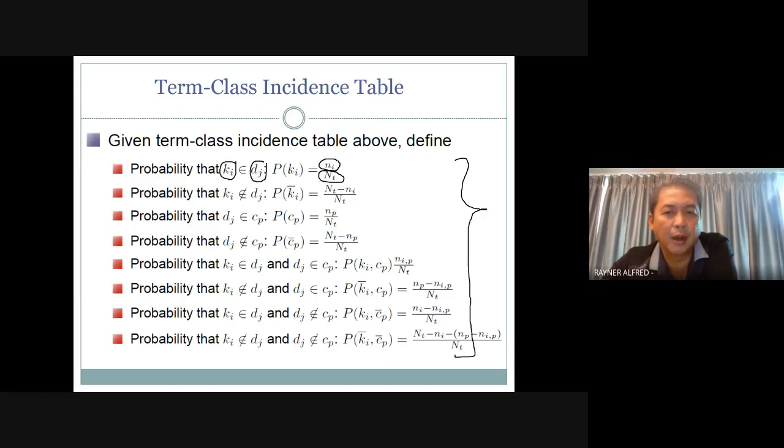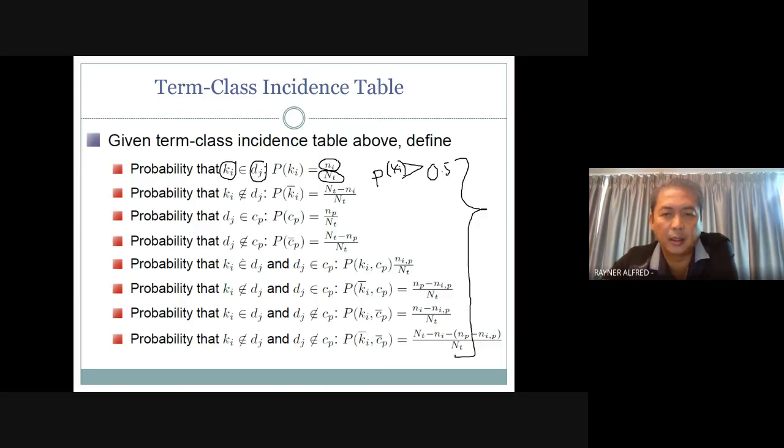For example, we want to only include keywords that have probability PKI greater than 0.5. That means all the keywords that do not have probability greater than 0.5 will be removed. We say that the keyword is not relevant or not related to the classification. So we can emphasize on that one.